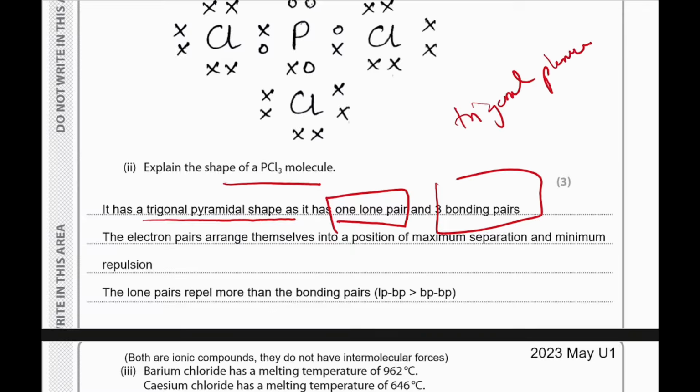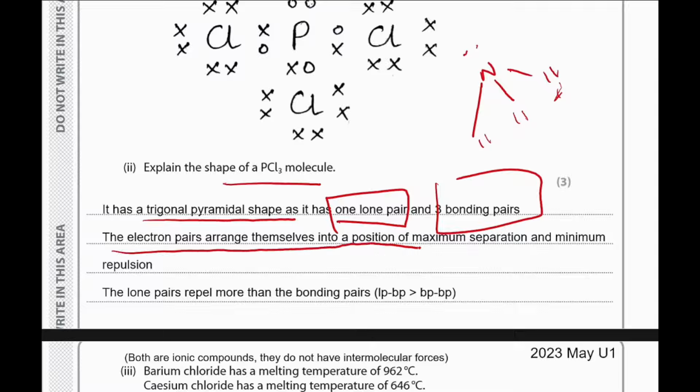But since there is one lone pair, it is trigonal pyramidal, just like ammonia, where we know there is one lone pair present in its structure. So the electron pairs arrange themselves into a trigonal pyramidal position, because they experience maximum separation and minimum repulsion.